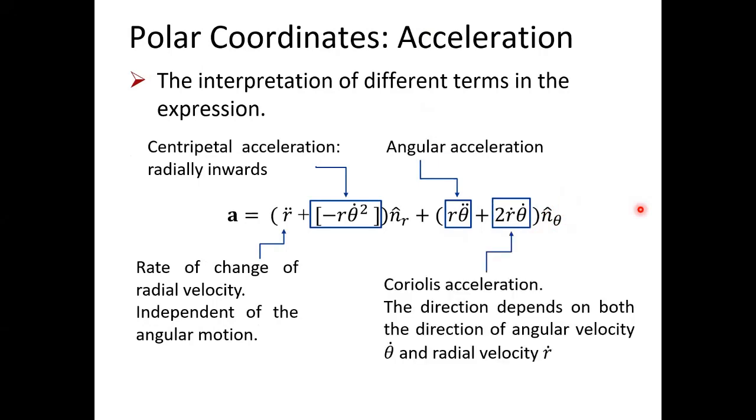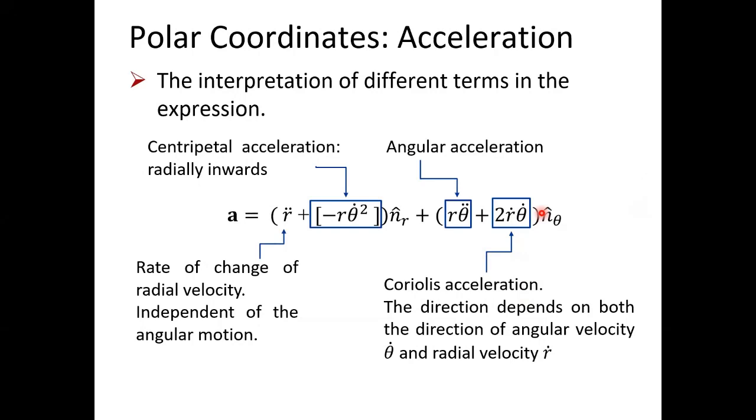And this one is 2 r dot theta dot, which we call the Coriolis acceleration. That is in fact a very important part of this exercise.